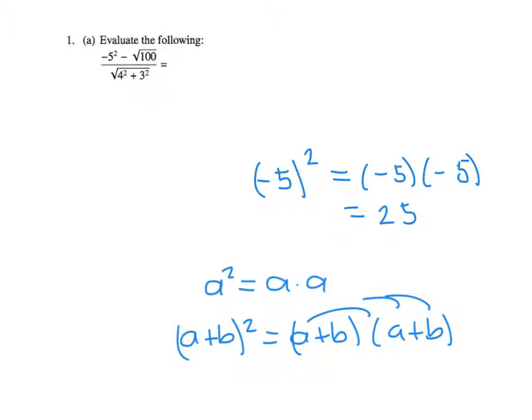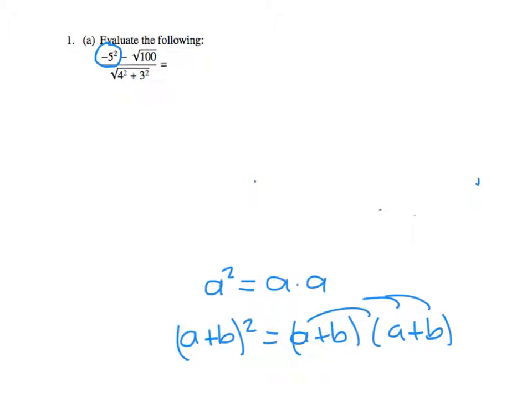Now what we have up here is not that. There is no parentheses. And I think the confusion comes from a misunderstanding of, or a misuse of, the order of operations. If you remember from your previous classes, there's something called the order of operations, and we have this way to remember them.